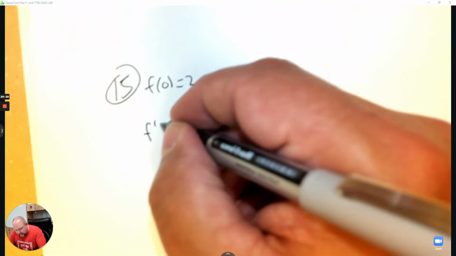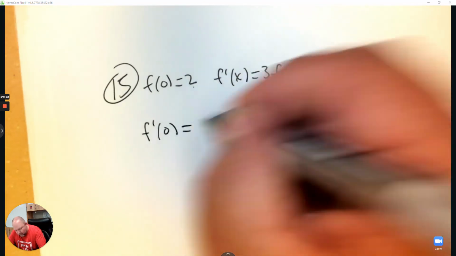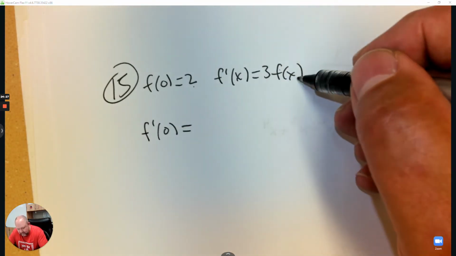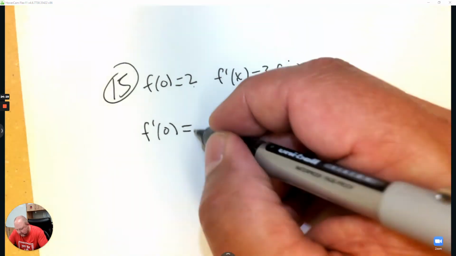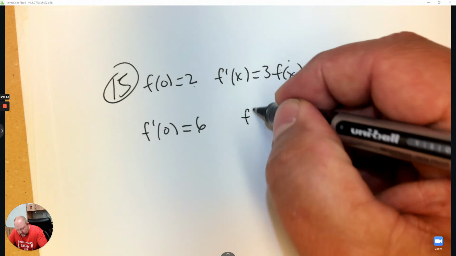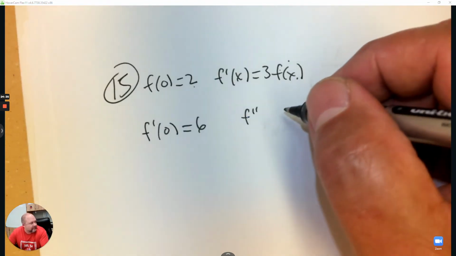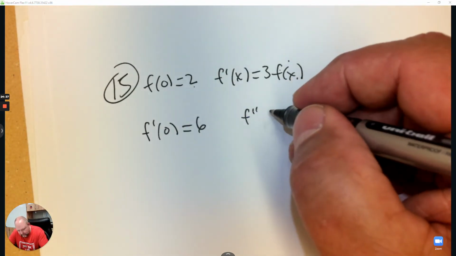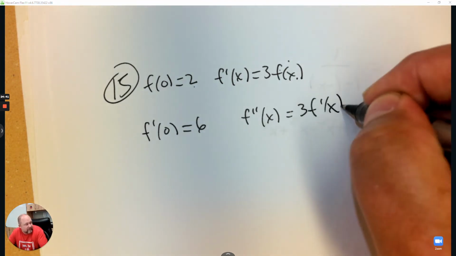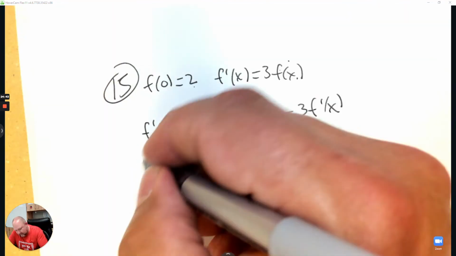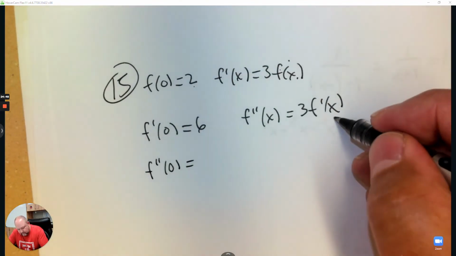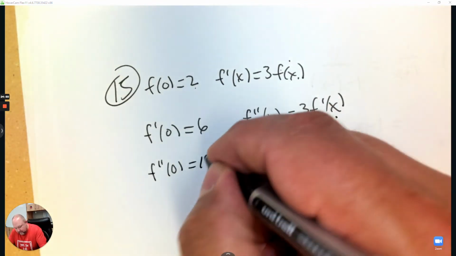The derivative at 0. So f at 0 is 2, so 3 times 2 is 6. The second derivative is 3 times the first derivative. That's what it's saying. So 3 times 6 is 18.